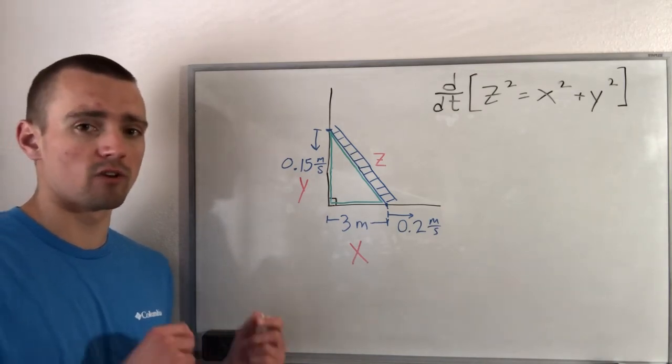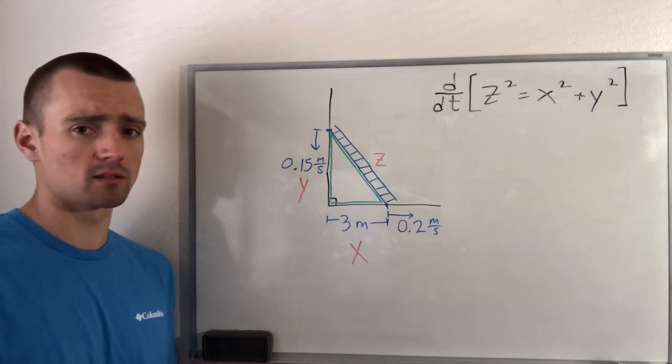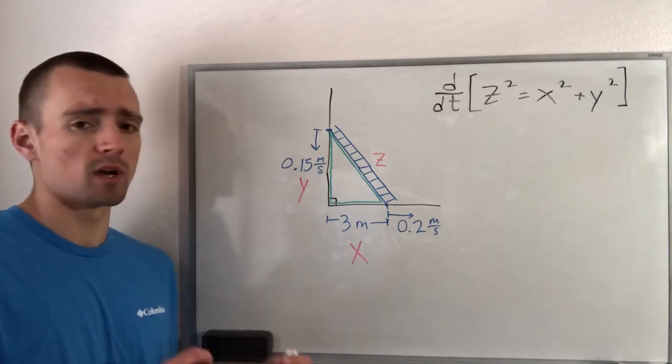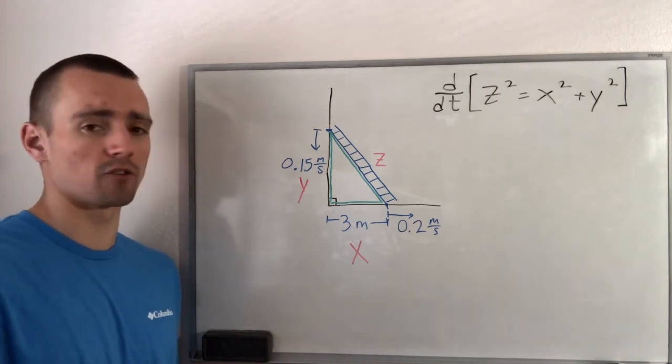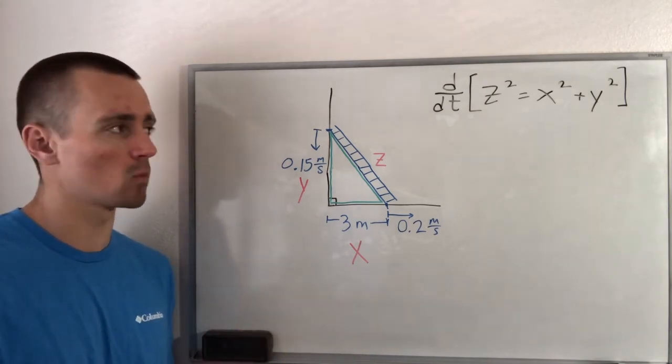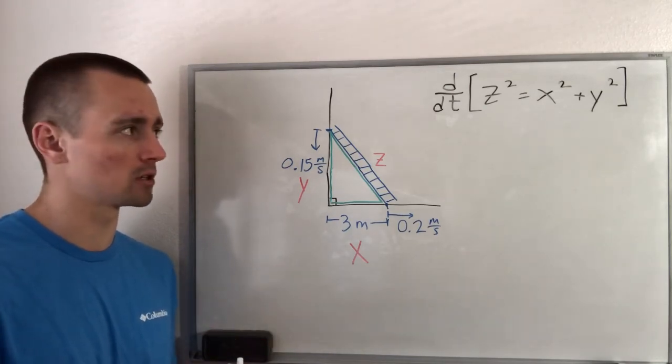The derivative of a constant is 0. So that might help make things easier for us. But anything that's changing, we need to treat as a function of time, where basically t is the input variable of that function.